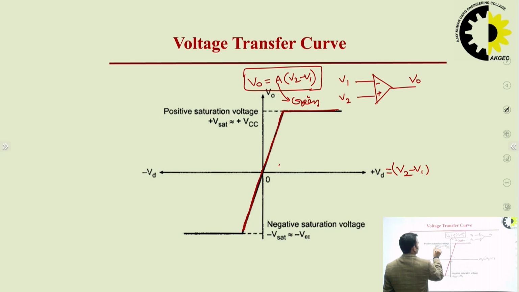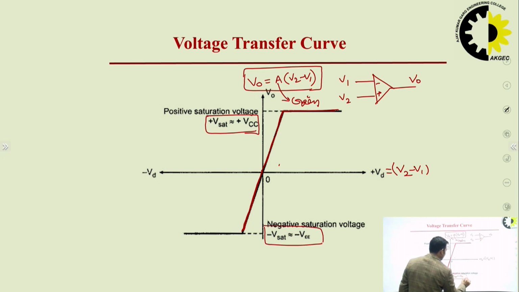You can see this. That is nearly equal to the positive power supply. And the maximum negative voltage will be equal to minus V saturation, which is equal to the negative power supply. So in any condition, this device cannot provide output more than plus V saturation and minus V saturation.